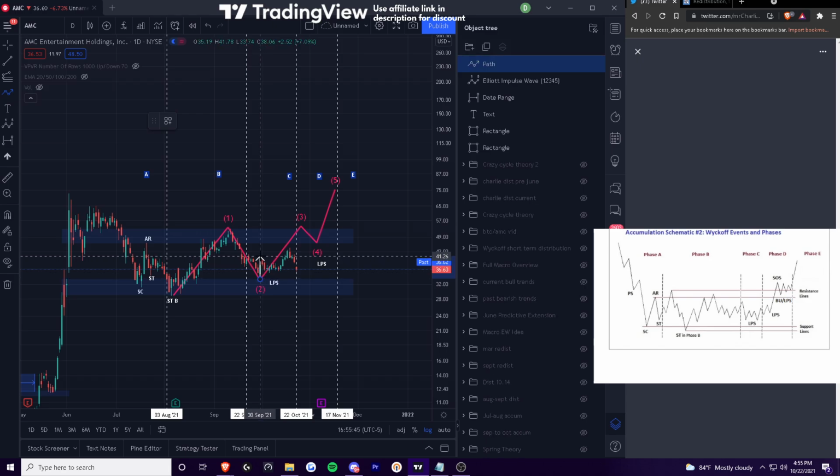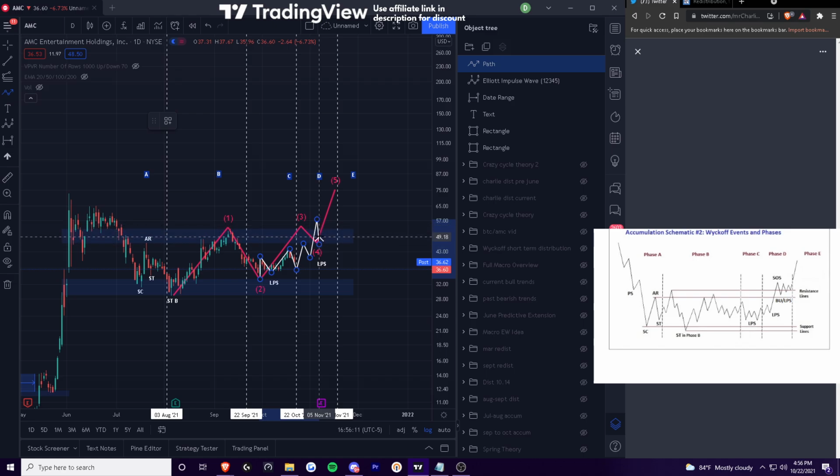Okay. So then this would be like that LPS phase in phase C. We have a bump up here for wave 3. Boom. And then we go above the trading range. Everybody gets euphoric because we're above the $53 level where we got rejected from.